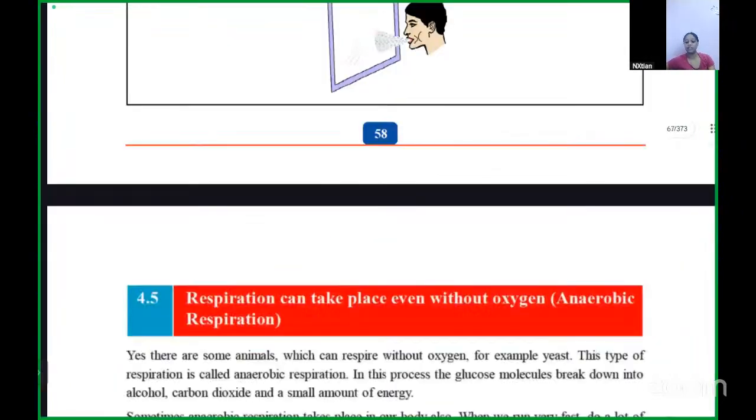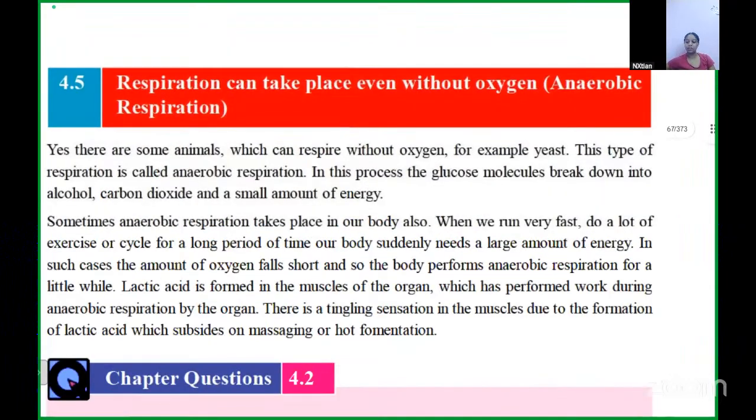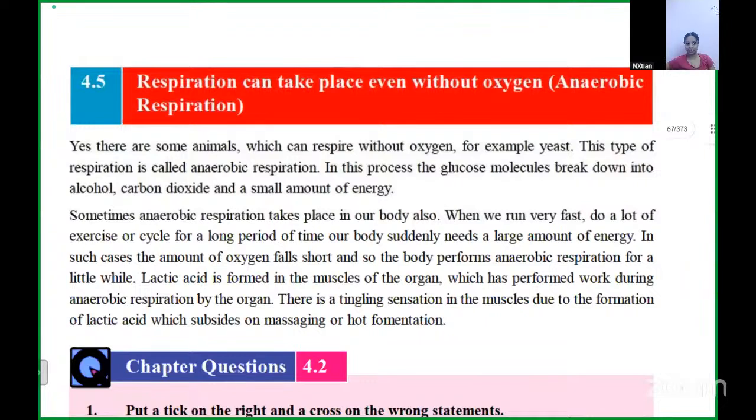You understood. Okay. See, all this process and what chemical reactions are taking place, you don't really have to memorize it. You don't really have to memorize any of it, so don't worry. You just have to keep in mind that in anaerobic respiration, there is no use of oxygen.